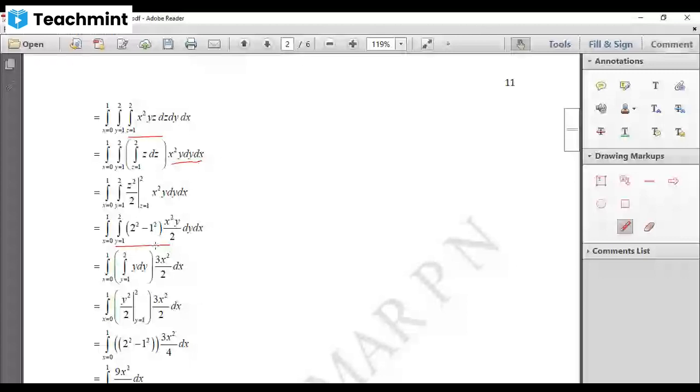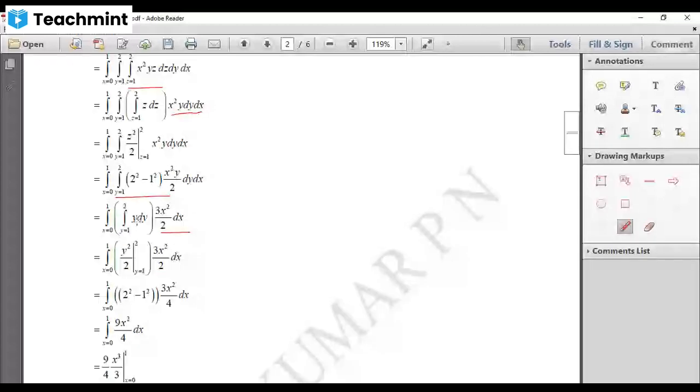So let me keep this x square by 2 and 3 outside. So 3x square by 2 into dx remains as a constant here. Now you integrate this. What is remaining now? Y, so y into dy. So integrate this. What is the integral of y? Y square by 2, and the limit is from 1 to 2.